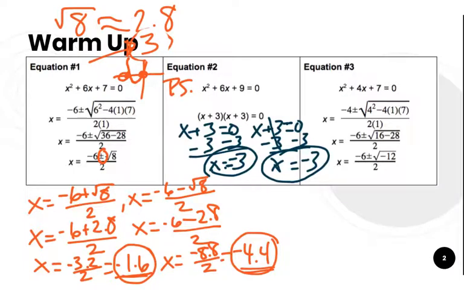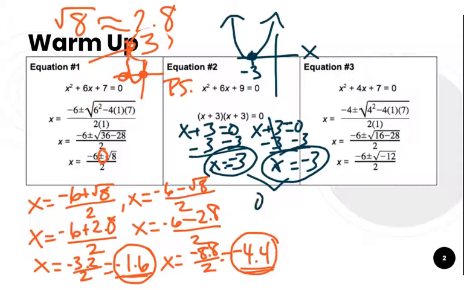So that means that when I have the graph, -3 on the x-axis is the only place the parabola is going to touch the x-axis.